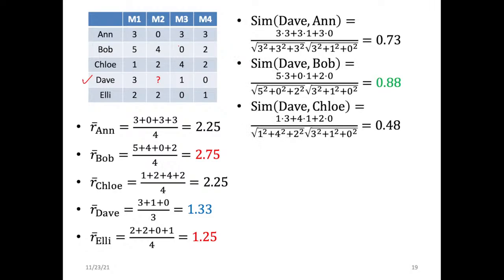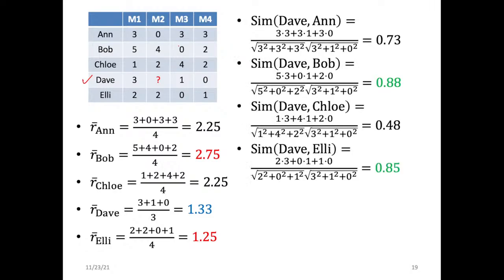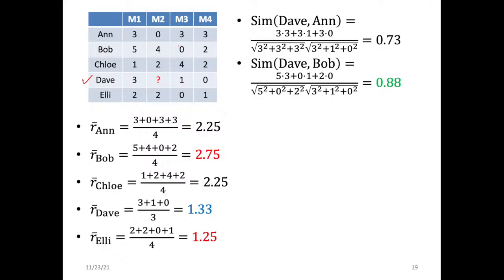Let's use Anne and Dave as an example. The intersection is this 3 and this 3. This one is unknown, so I just ignore movie 2. So the cosine similarity between Anne and Dave is based on this 3, 3, 3 and this 3, 1, 0, these 2 vectors. The cosine similarity is 0.73.